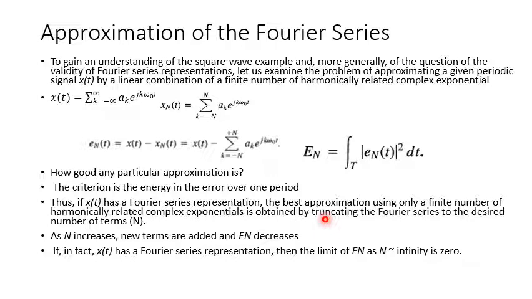As n increases, that means we are adding more and more terms, so the error energy will be minimized. And if n approaches infinity, the truncated Fourier series signal x_n(t) and the original signal will be the same. So that means the energy will tend to 0.